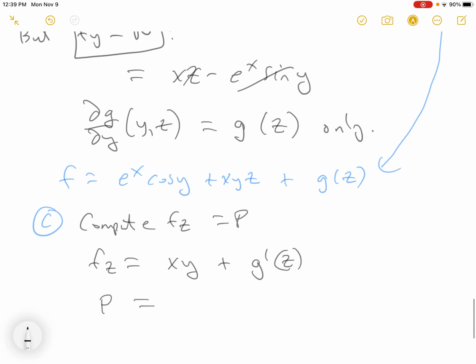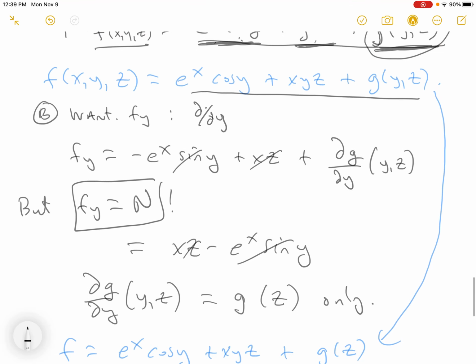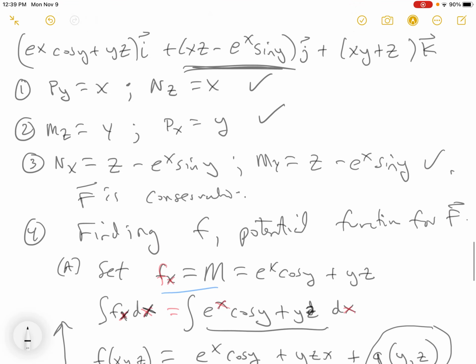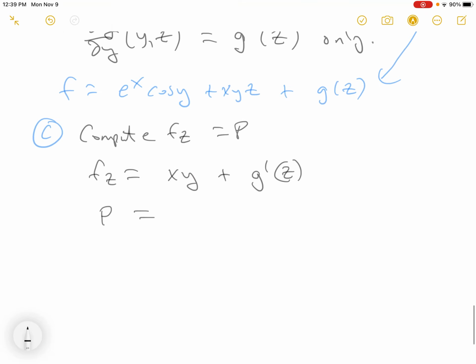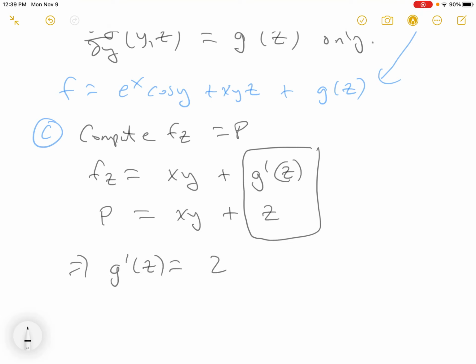And what's P? I need to find P again. P is, where are you, P? xy plus z. Okay, so this says that g prime of z equals z, which says g of z is z squared over 2 plus a constant.